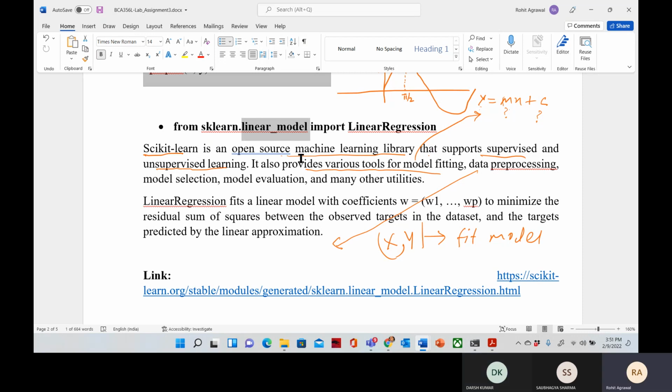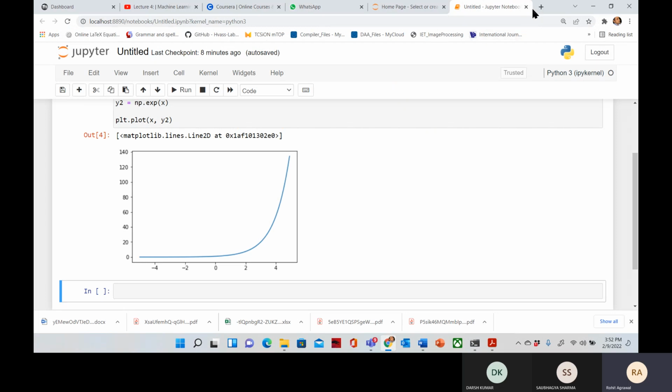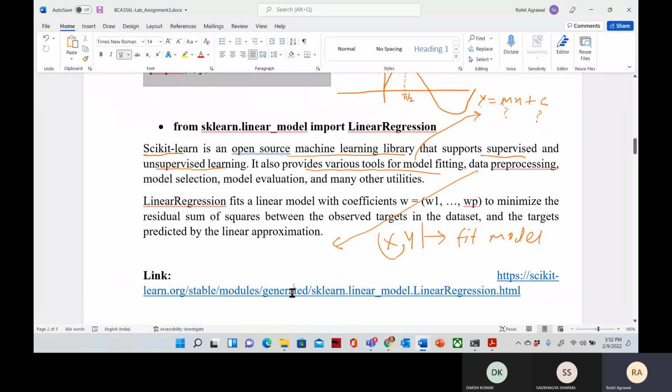Yes, sir. And I also told you that you can have one feature or more than two features. So all these things will be in the sklearn library. I am just talking about the linear model for the example in the assignment. I will search on Google and show you the library here. I think I already have this link.